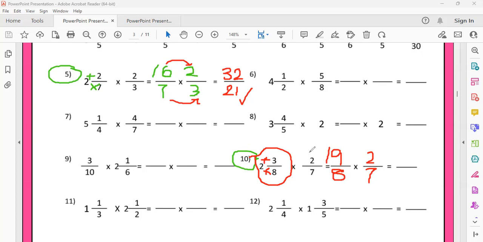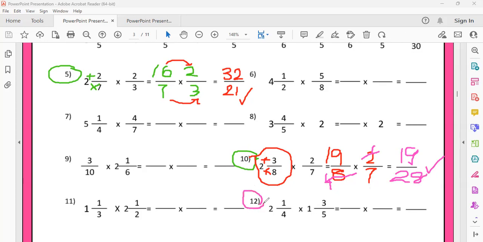Now, again, I can't cross off anything. Oh, God, I can. Can you see 2 and 8? So, this can be crossed off. 2 divided by 2, it's 1. 8 divided by 2, it's 4. So, my answer is going to be 19 times 1, which is 19. 4 times 7, 28. Do you understand now?